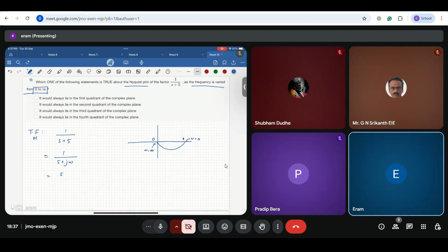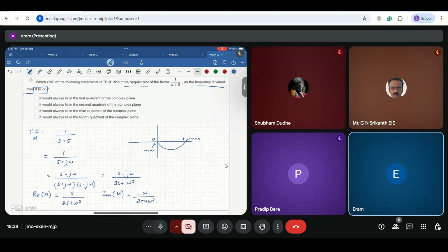If I divide and multiply numerator and denominator with 5 minus j omega, it will give you 5 minus j omega over 25 plus omega square. Basically I am separating the real and imaginary part of this transfer function. So real part of m is 5 by 25 plus omega square, and imaginary part of m will be minus omega by 25 plus omega square, right?